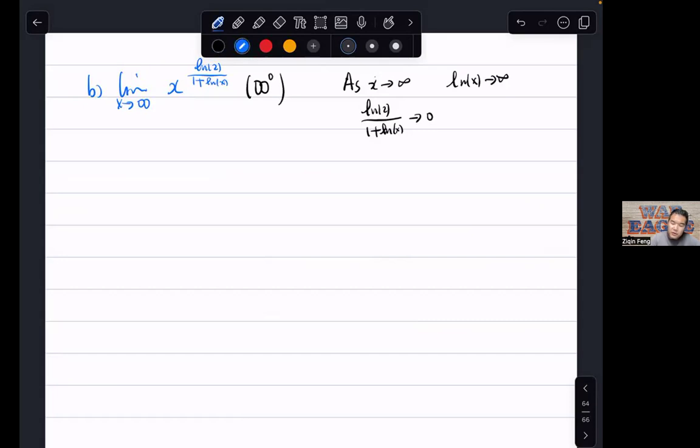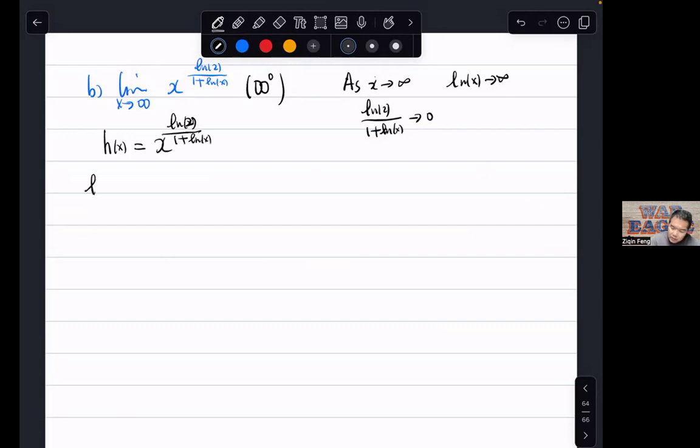Again, here is a very complicated exponent, right? So we want to somehow change it to a quotient. How do we do that? Introduce a new name, which is h of x. So h of x is equal to x to the power natural log of 2 over 1 plus natural log of x.